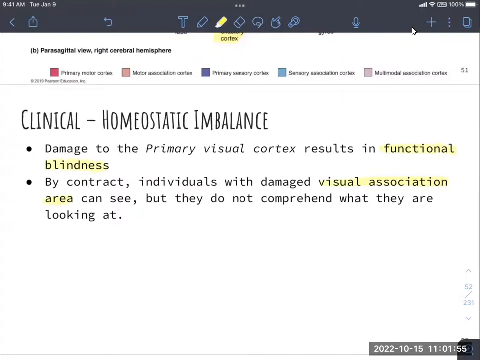They just don't know what they're looking at. They could be looking out the window. They see stuff, but they don't know what that stuff is. They don't know that it's grass, trees, a road, people, sidewalk. They can't determine any of that because that visual association area is damaged.